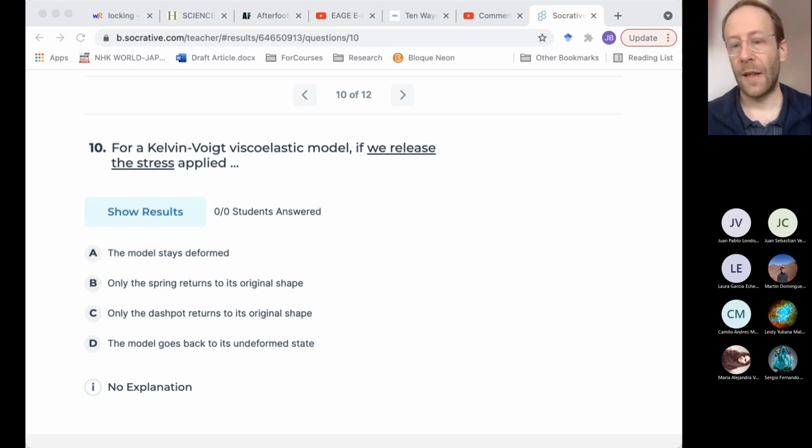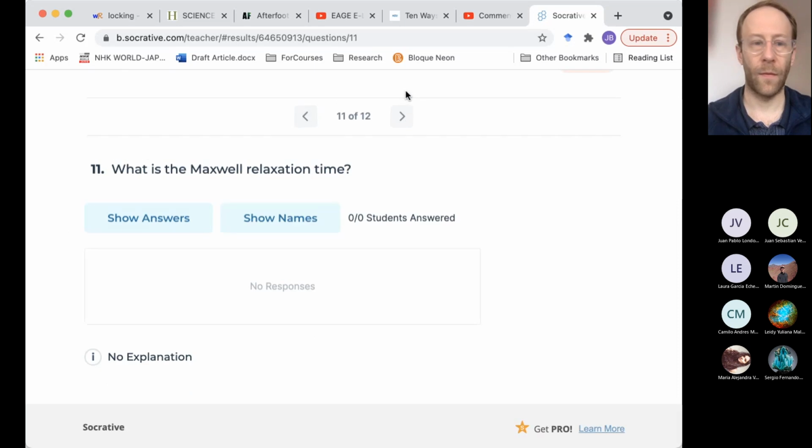So it's going to happen faster at the beginning and slower at the end. So do you remember what is the Maxwell relaxation time?